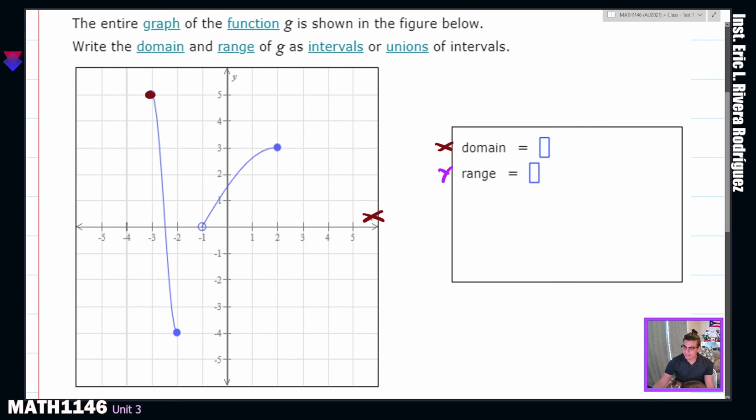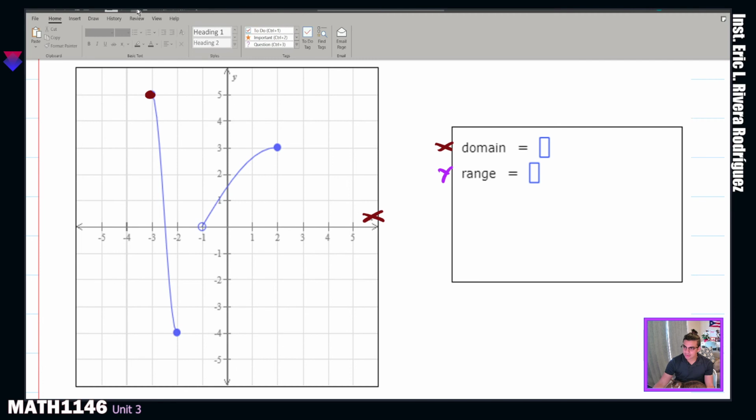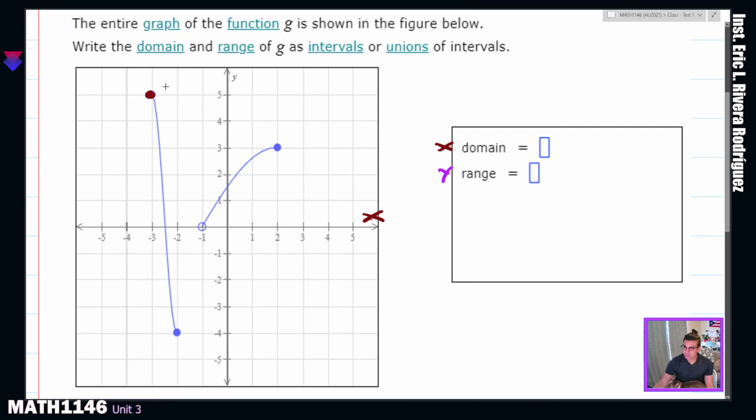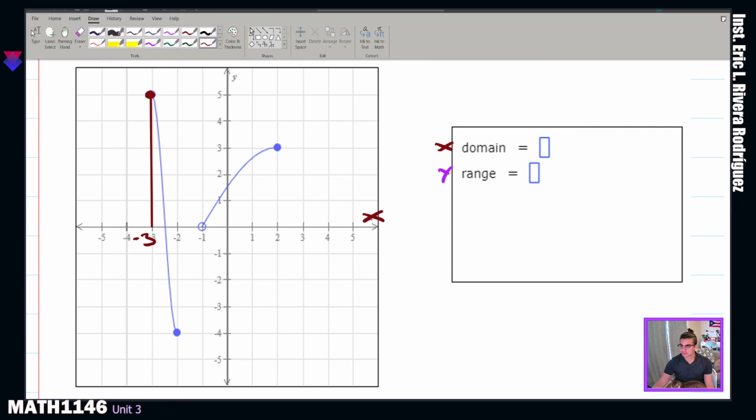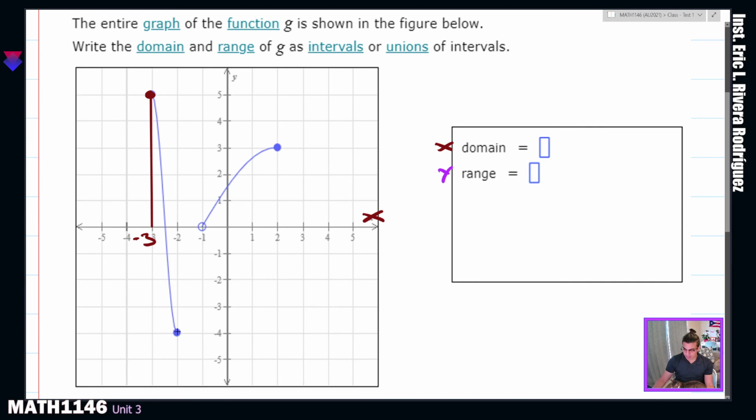right? So here you have the x value of that point, negative 3. All right, continuing reading the graph, we notice that it ends here at negative 2.